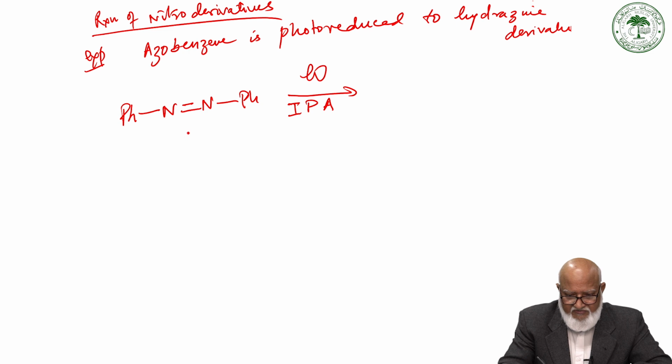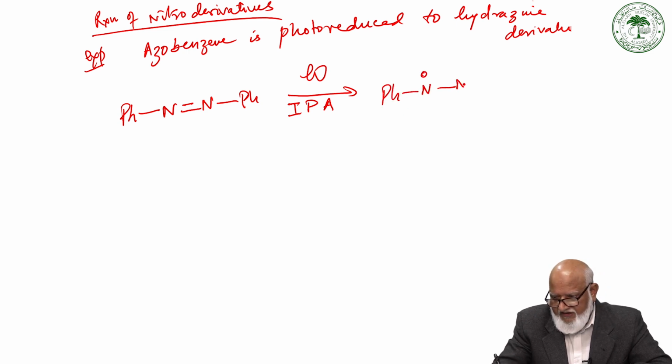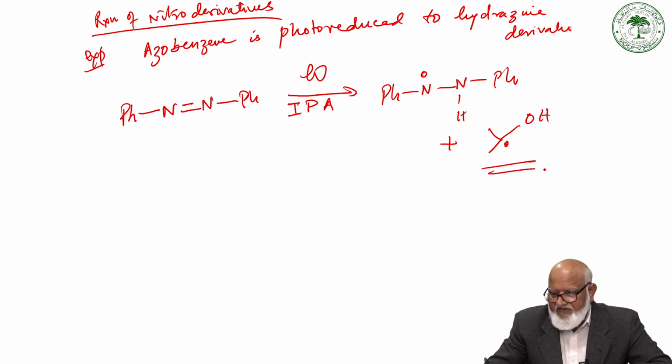So the abstraction by the excited nitrogen, N double bond N, of the hydrogen atom from the isopropyl alcohol leads to the formation of an N radical, NH Ph, plus the ketyl radical here, as we have seen in several examples of this type with the excited carbonyl.